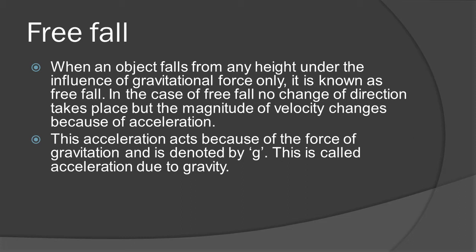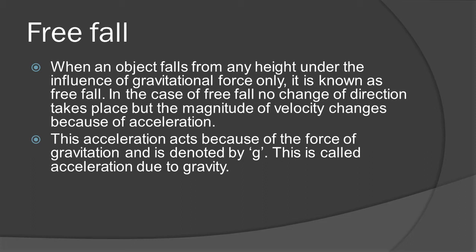Many a time you play a game of throwing the ball upwards and catching it, right? So when the ball comes down, if you have observed, its velocity keeps on increasing as it comes down, right? But its direction of motion remains unchanged, right?